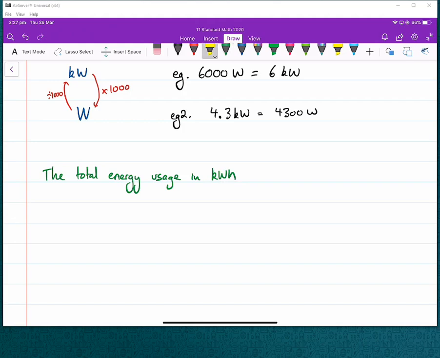So now this is a big thing I've just put down. Lowercase k, capital W for watts, and then hours. A kilowatt hour is using 1 kilowatt for 1 hour.